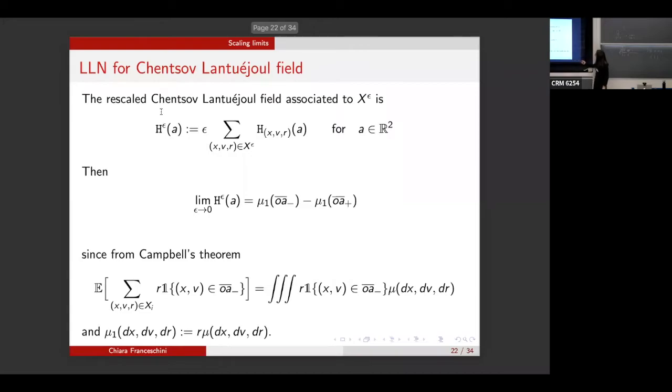And if you call R times mu a new measure, mu1, this is precisely mu1 of OA bar minus. You do the same for OA bar plus, the number of lines intersecting the segment in the other direction.